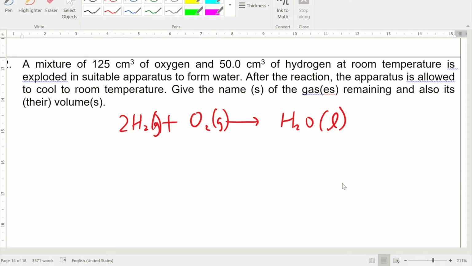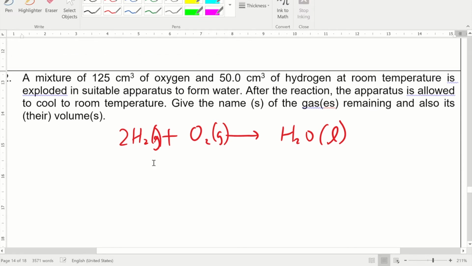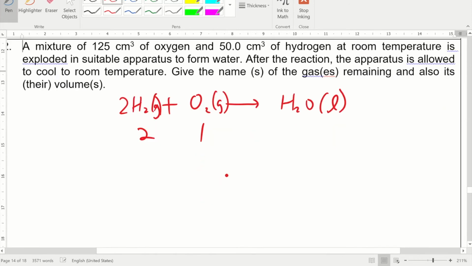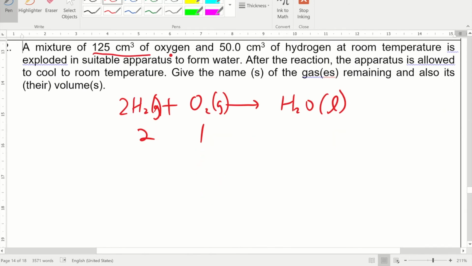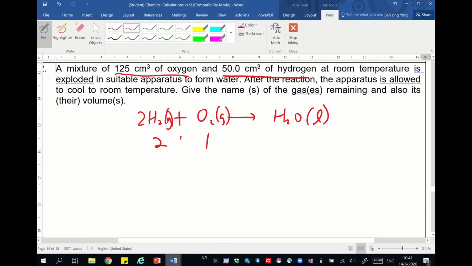My oxygen is gas, hydrogen is gas. So the mole ratio is 2 to 1 to 2. Now I'm given two values, 125 of oxygen and 50 of hydrogen. I don't know which one, so I will just choose one to compare. I can use volume ratio because they are all gases.